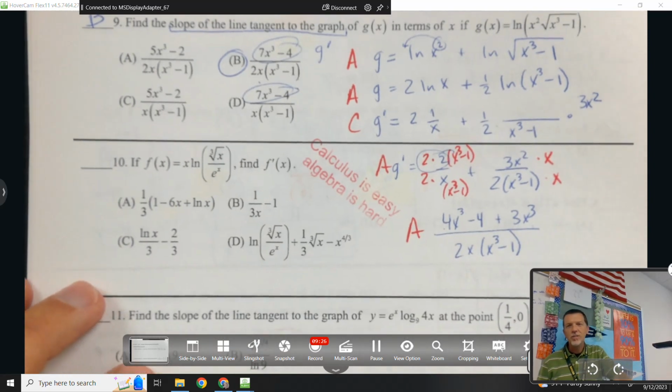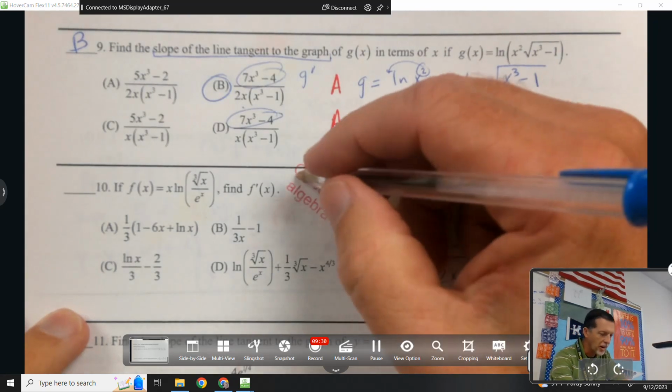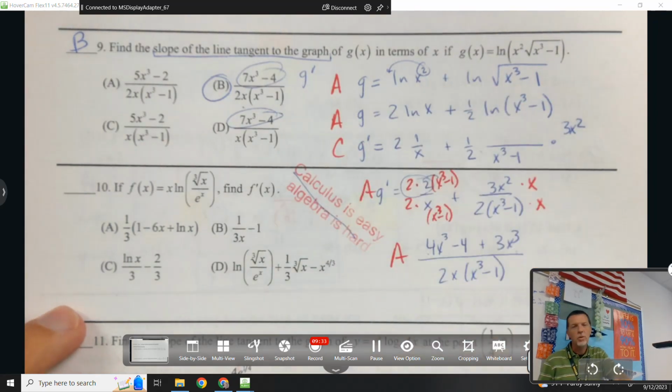Calculus is easy, algebra is hard. But that's why you show your work, so that if I can spot your correct calculus, I can give you some points.